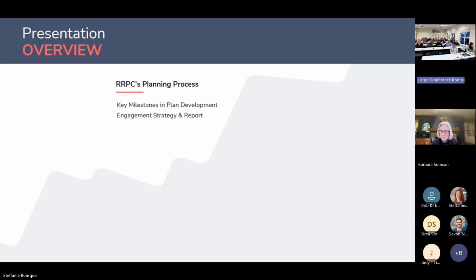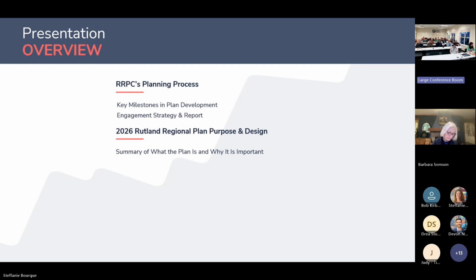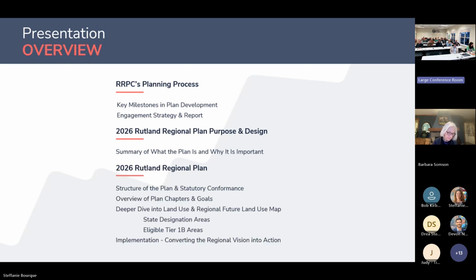We're going to start with a little recap of our planning process, highlighting some key milestones in the plan development, as well as our engagement strategy and report. We'll then talk about the plan's purpose and design, reminding everybody what the plan is and why it's important. Then we'll jump into the plan itself in terms of what's being proposed.